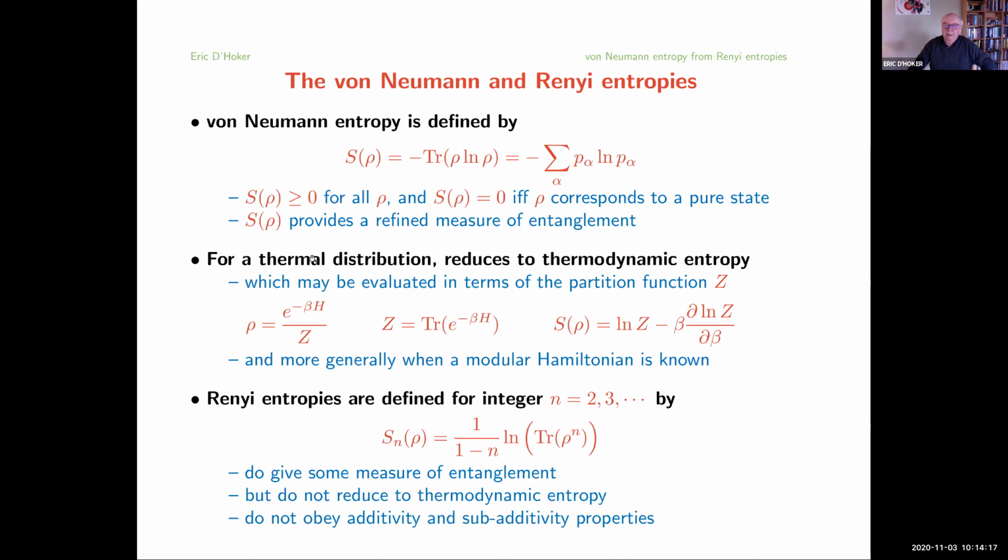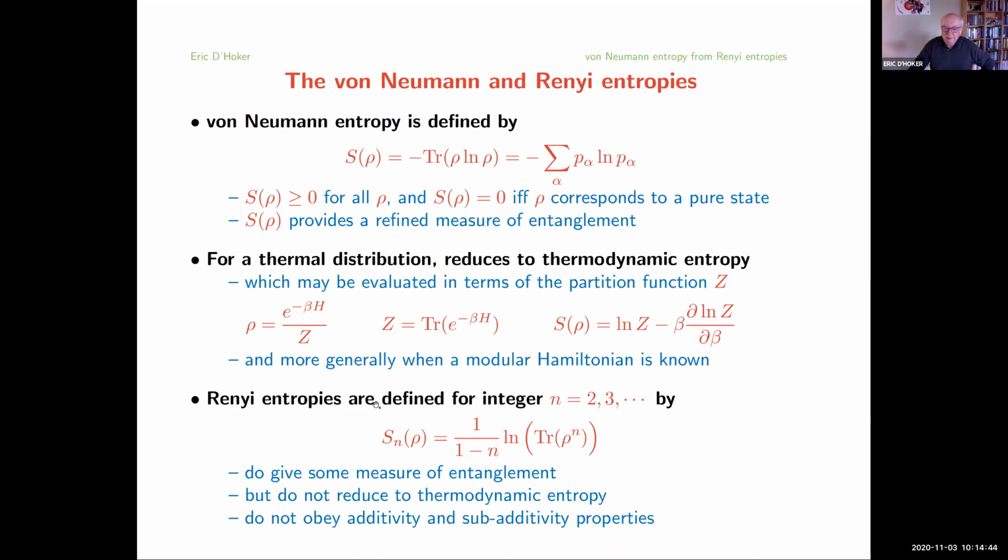More generally, if the distribution is associated with a modular Hamiltonian, then actually you can use your thermal formulas. But that's true only for very special systems, in particular when the Hamiltonian is the boost operator, for example, for a Rindler space. So that's the definition of the von Neumann entropy.